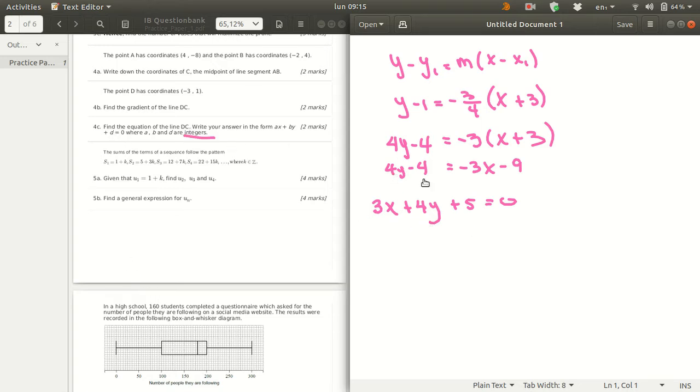Some of you left them as fractions. Other people used y equals mx plus b, and almost everyone that used this type of equation had an incorrect b. So there was a problem in your isolation and you found an incorrect b, and that's why you didn't get the correct answer. Okay, so that's it.